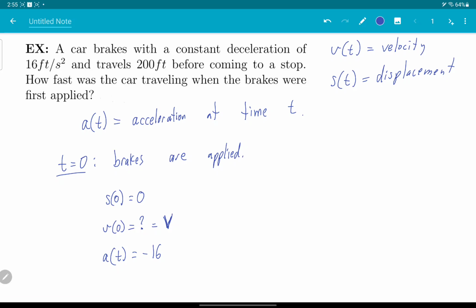So what other information do we have to use here? Well, what is this 200 here? Well, that would be where I stop, right? So let's say t is equal to capital T. When t is equal to capital T, the car finally comes to a stop. So the velocity at time capital T is 0.